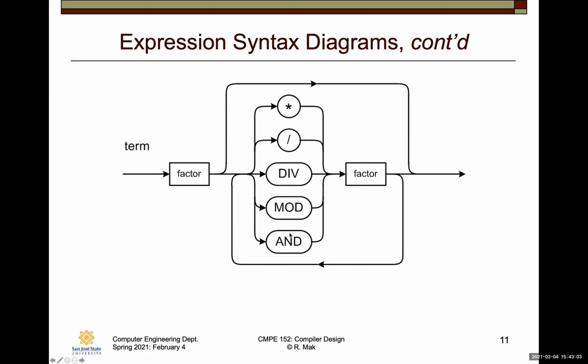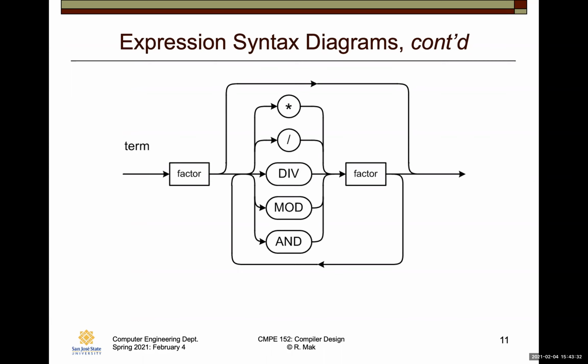Now slash is for doing a real division. So you can say 1/3 and get 0.333 and so forth. Div is integer division. So if it's, I don't know, 7 div 2, you get back 3.